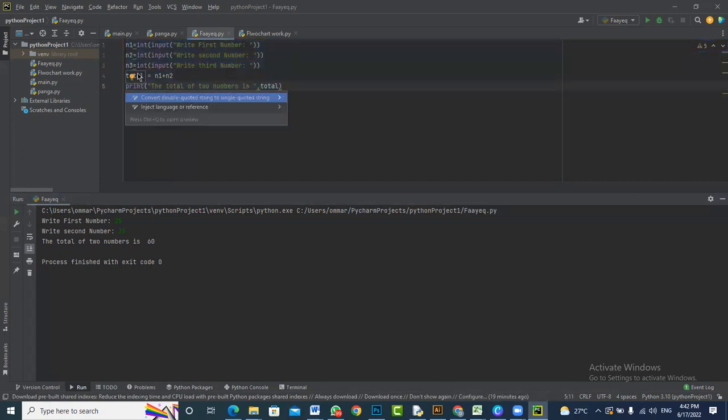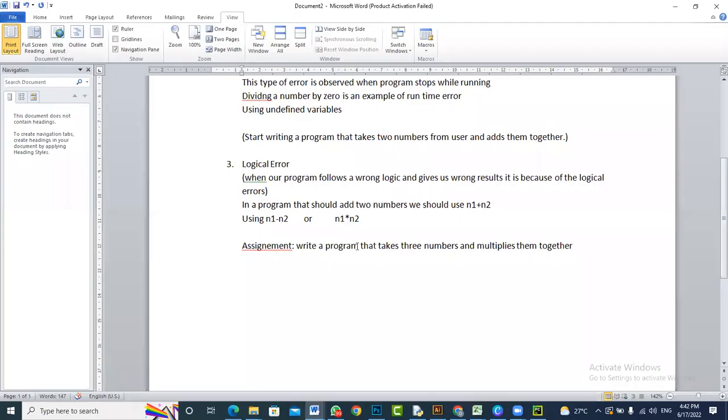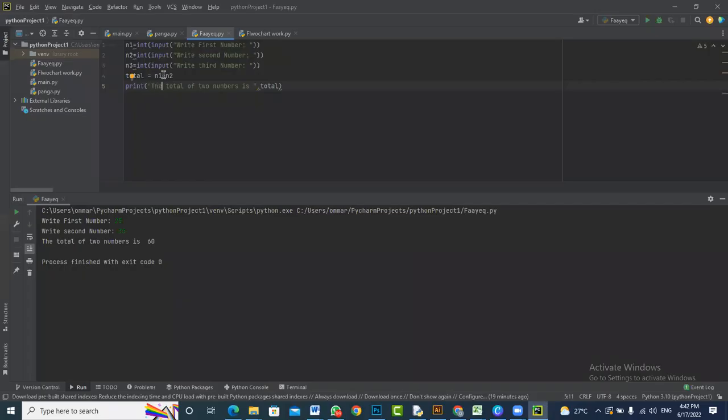And then you have to find the product, multiplying them together. By multiplying, we mean that n1 should be multiplied with n2, and that result should be multiplied with n3.